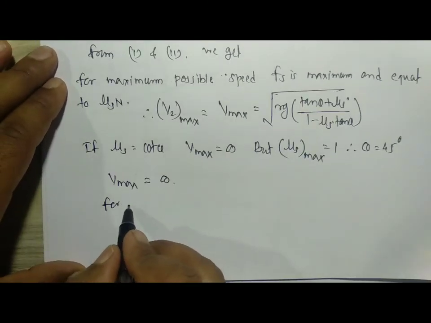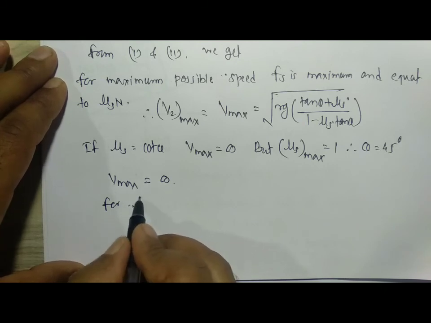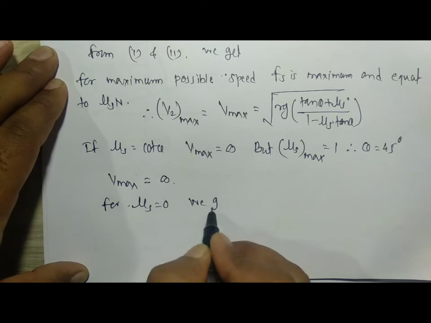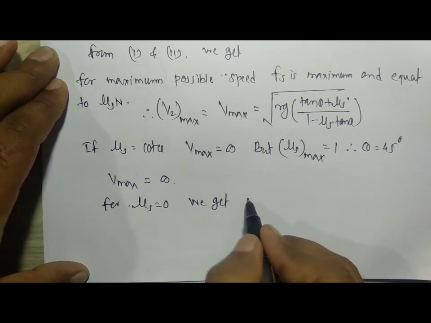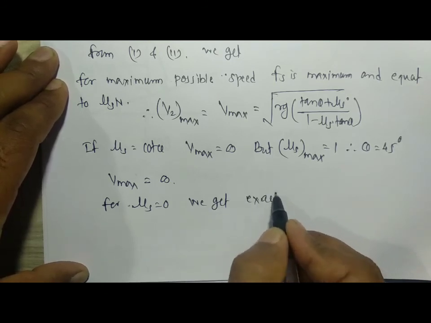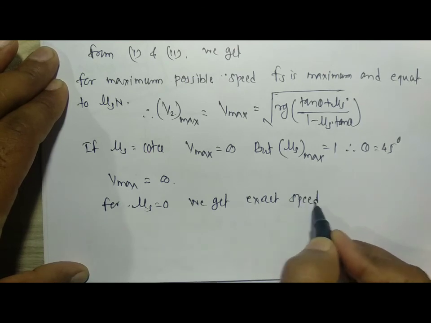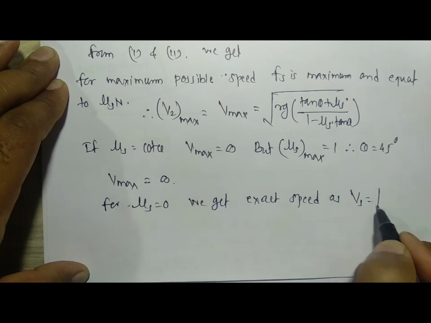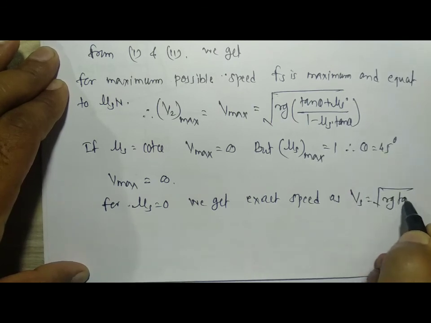For mu s is equal to 0, we get once again the exact speed Vs is equal to square root of Rg tan theta.